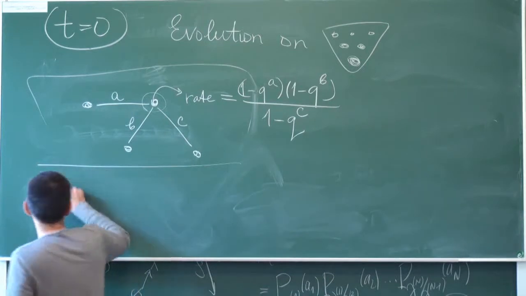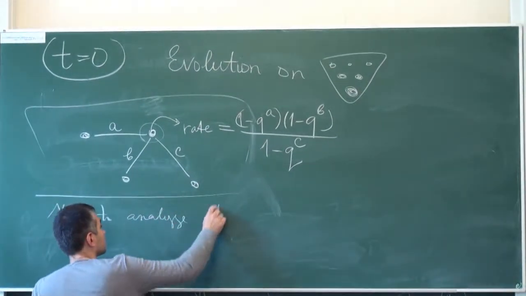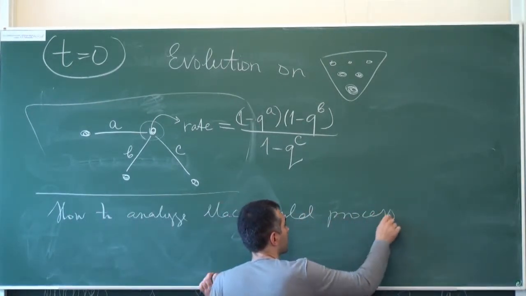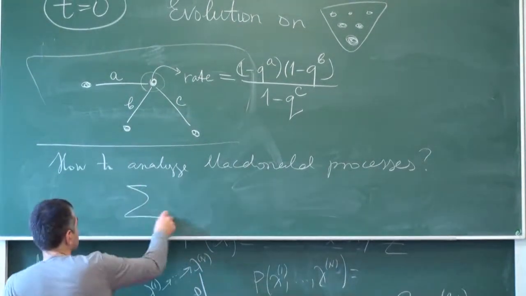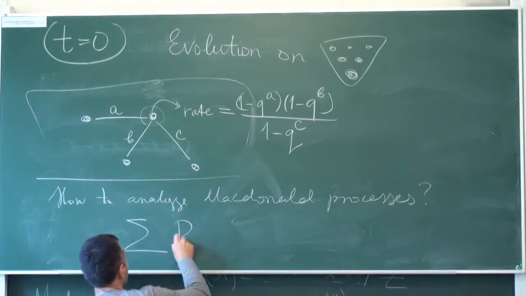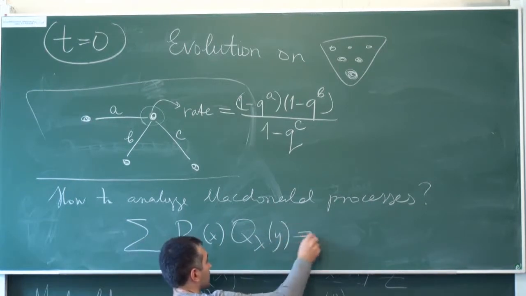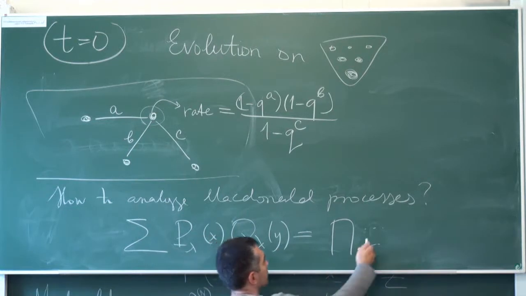So how to analyze McDonald processes? Well, here is the answer. It's kind of remarkably simple. And then there is some product that I'm not going to do. Oh, well, maybe I should write down.